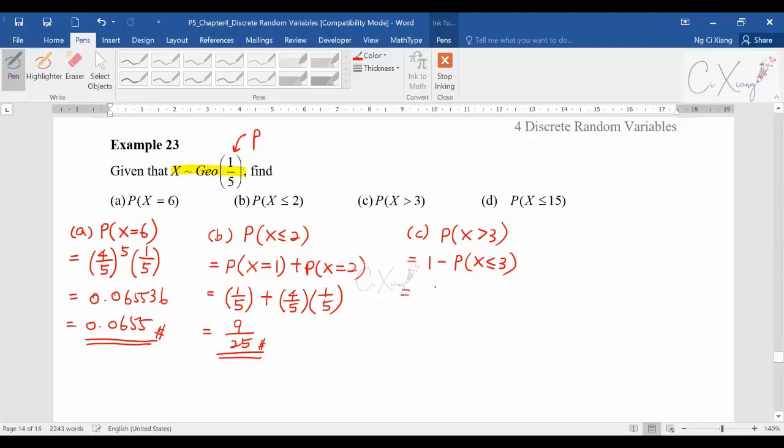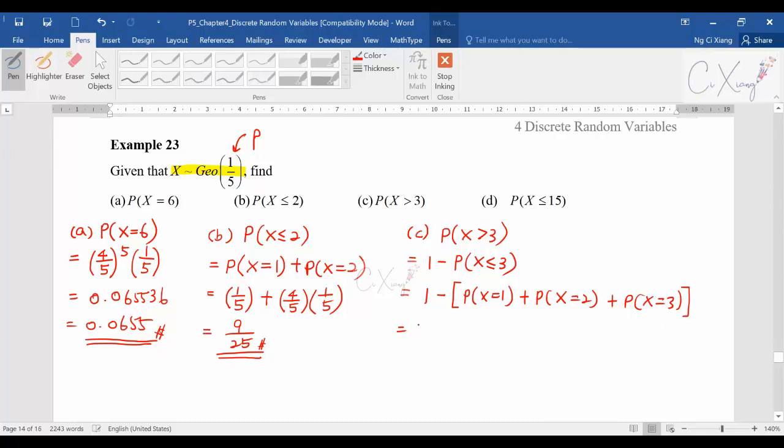The step here might be a bit long, but you might just try first. So you have 1, then minus P of x smaller than or equal to 3. That means you start from x equals 1, there's no 0, then x equals 2, then x equals 3. Include the 3, because there is an equal sign.